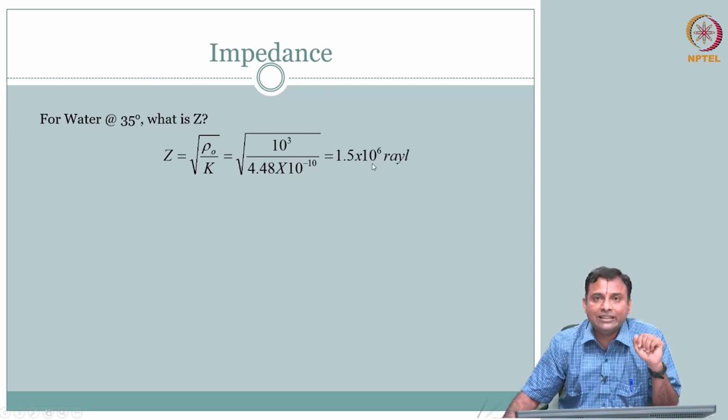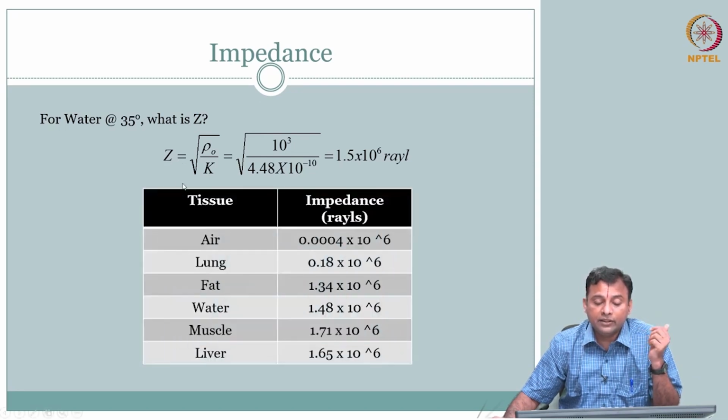Where it becomes interesting is, if Z for water is this much, what are the typical materials that we are going to encounter in the human body? Fat, muscle, water you already have, bone, all of these different things, air. What are those values?